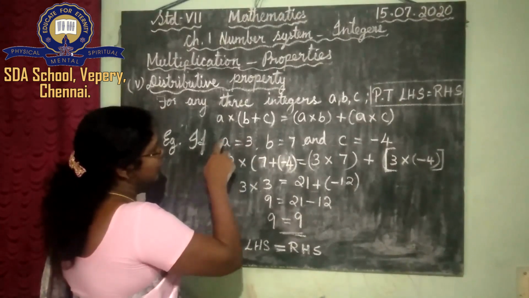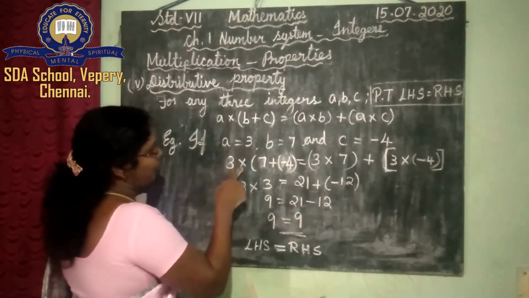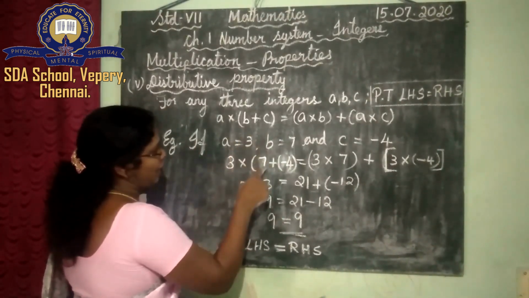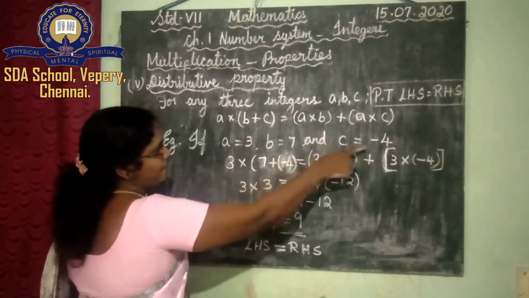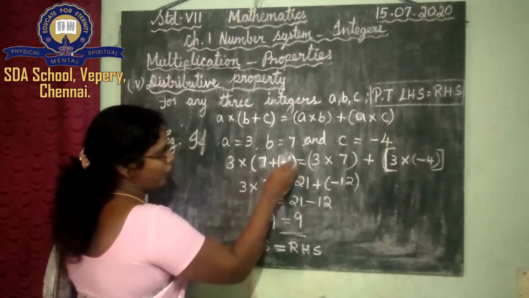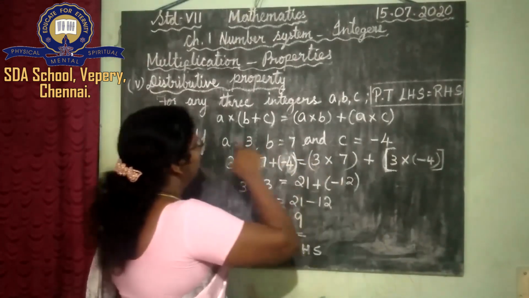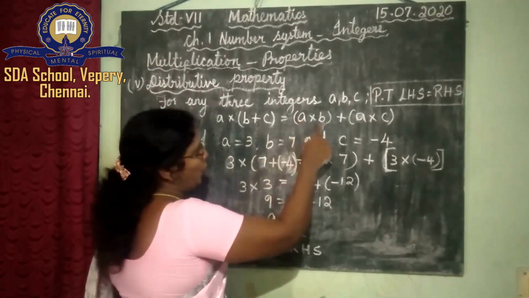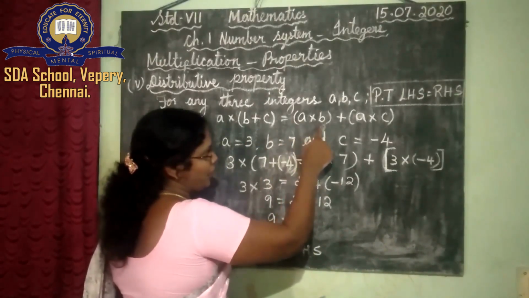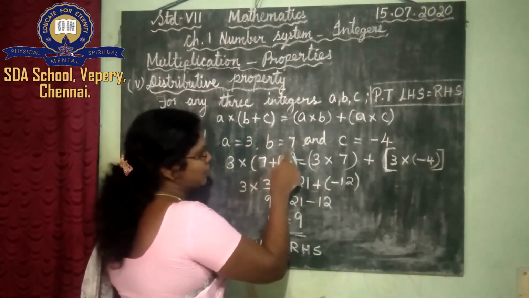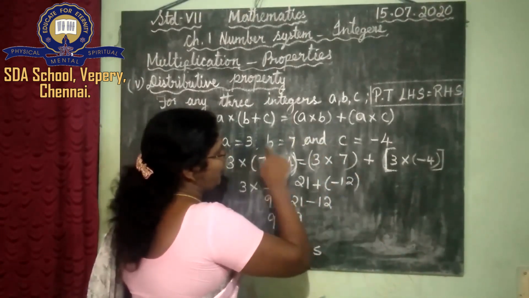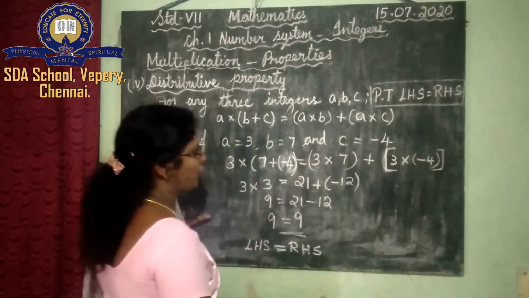So what is a? 3, multiplication. What is b? 7 is added with c, which is minus 4. On the RHS side, a is distributed to b, that is 3 multiplied by 7 plus 3 multiplied by minus 4.